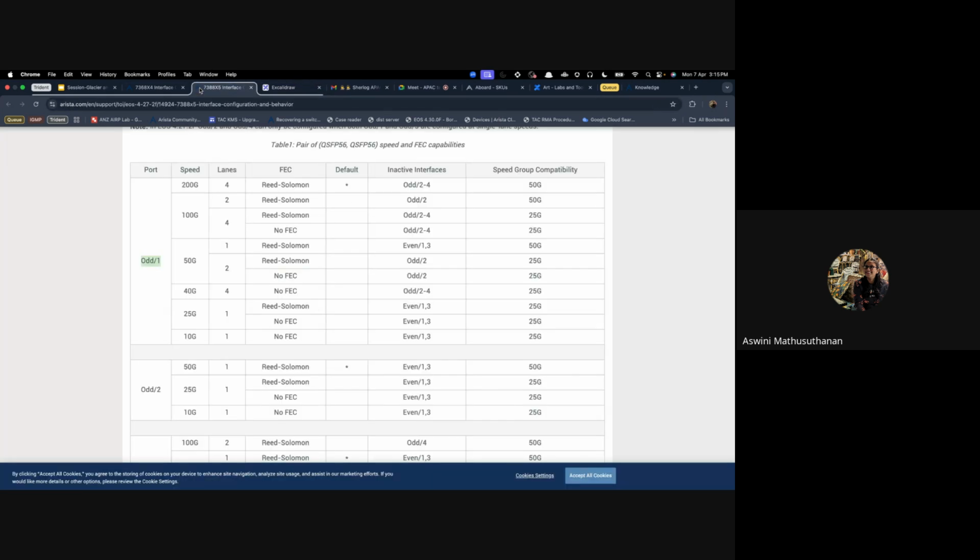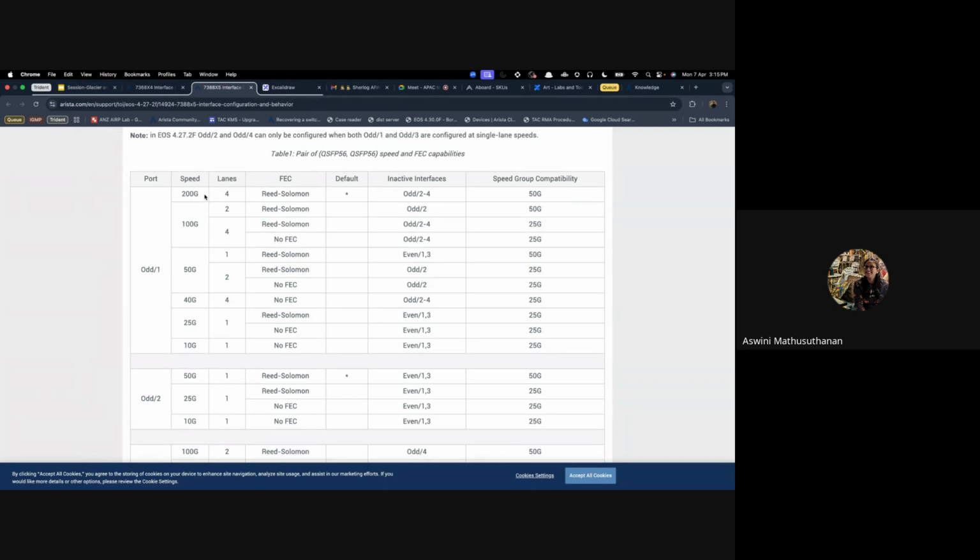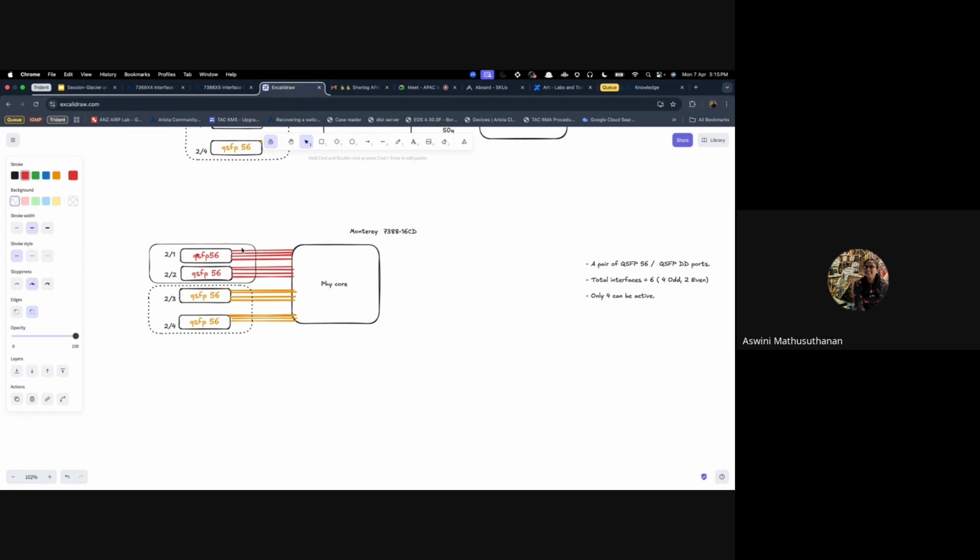So if you take a look at the speed, this is odd/1, which we can call 2/1/1. If we operate at 200 gigs in 4 lanes, let's see what happens. 200 gig in 4 lanes. So all these four of them will go, because it's supporting the 2/1/1.